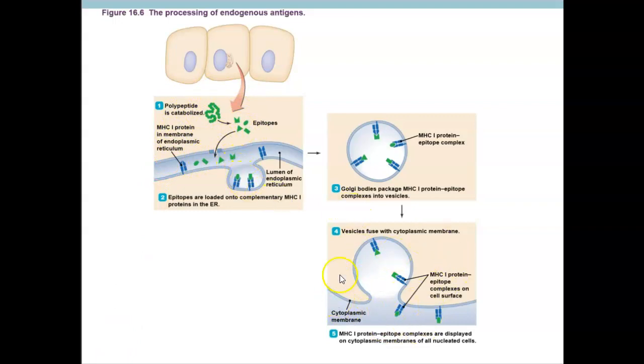Then when this cell gets checked out by the T cells, it will trigger a response because it's making things that don't belong. This is important because most of what your cells are making is totally normal, but when there's a virus infecting them, this is a really nice way to scan them and find the ones that are making things they should not be making.